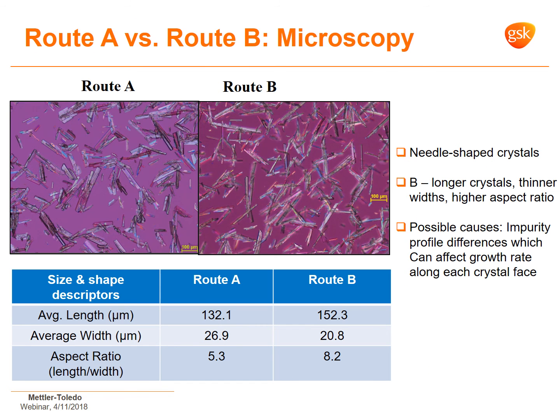This is a quick comparison between the two routes. We did see that for route A, we have a lower aspect ratio than for route B. One thing to note is that the two routes have different impurity profiles, just to highlight the fact that impurities can affect growth. Impurities can have a dramatic effect on the aspect ratio.